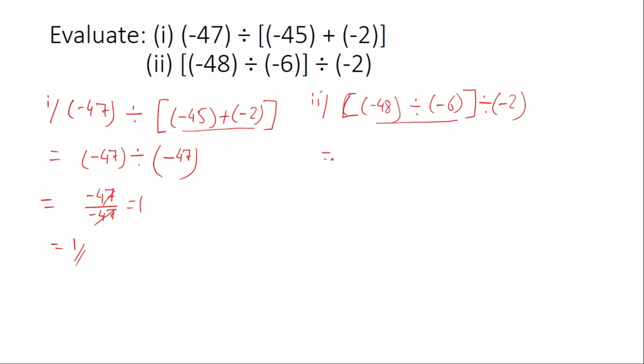So we will write minus 48 divided by minus 6 divided by minus 2. It will be 8. 8 divided by minus 2, we can write it as 8 by minus 2. Plus into minus is minus, it will be 4. So our answer is minus 4.